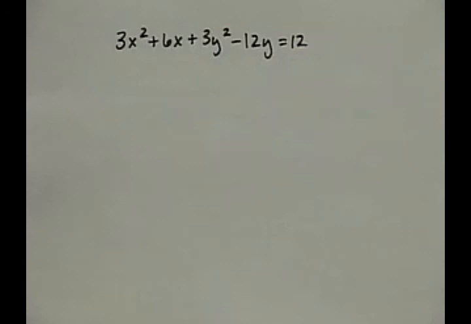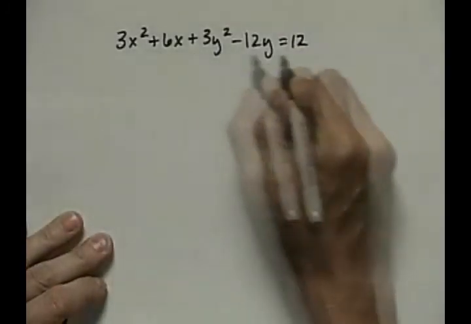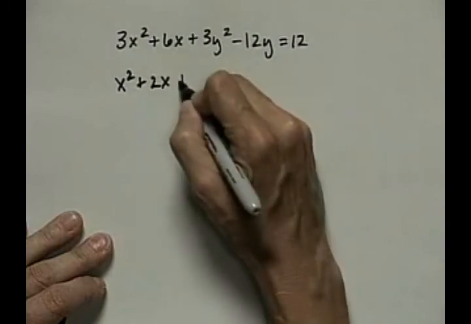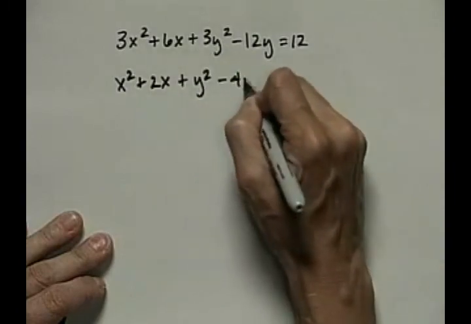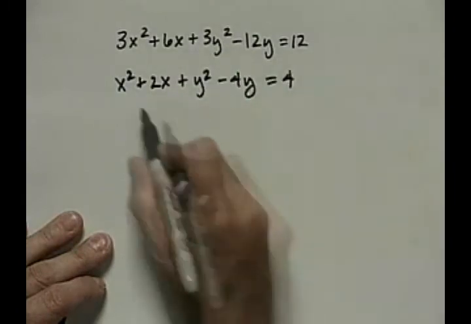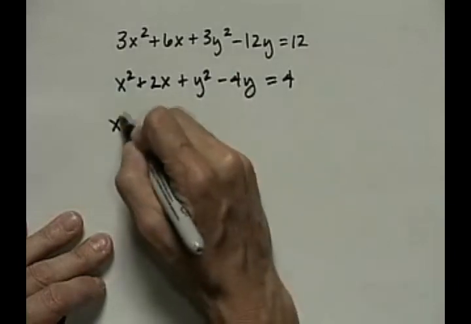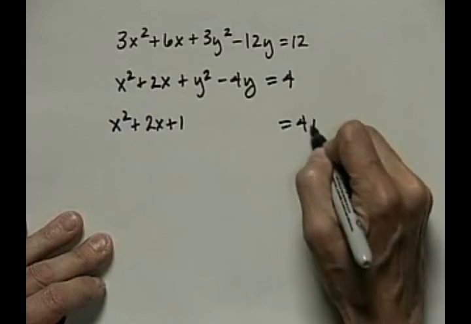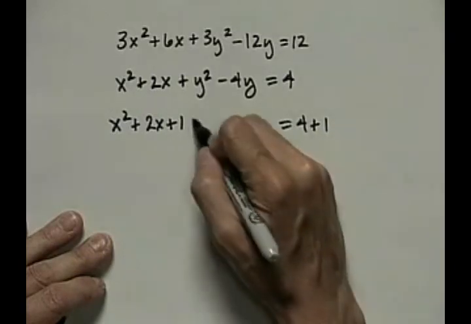Well, let's see how you did. I see that each term has a common factor of 3, so I'm going to start by dividing everything by 3. And then I'm going to complete the square on x and y. To complete the square on x, I add 1, so I need to add 1 to the right-hand side.